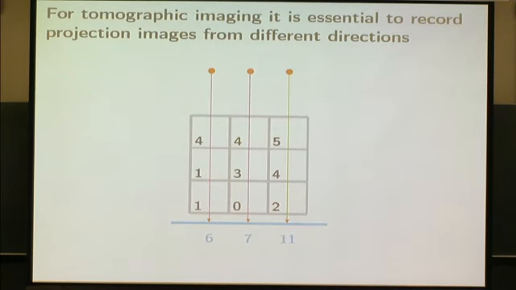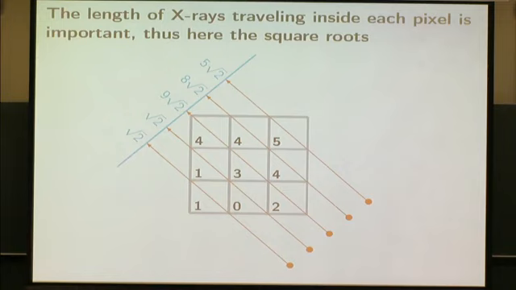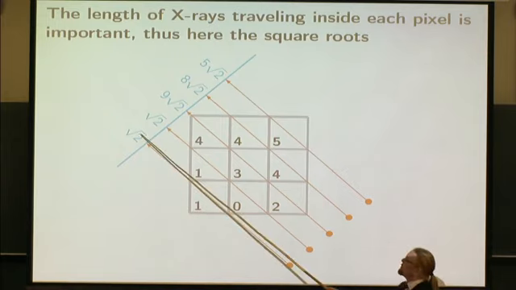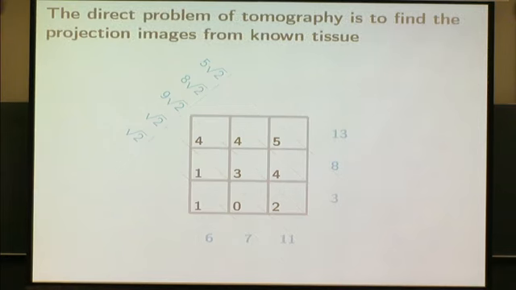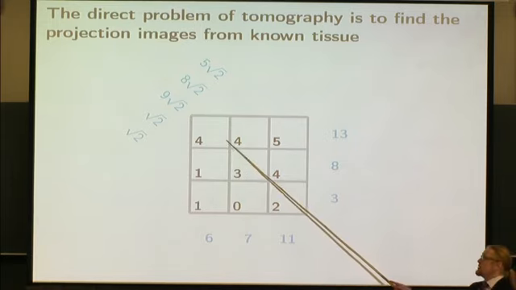Then we turn, we have a column sum, turn again, we get these sums, and as a nod to the great Pythagoras, we have some square roots here indicating the length of the path of the X-ray inside each pixel. So the direct problem of X-ray tomography in the view taken in this research is that we have these pixels and numbers inside.